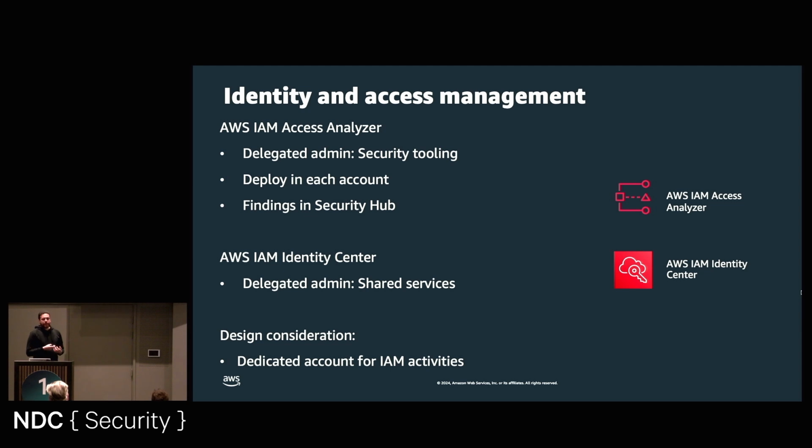The delegated admin account for AWS IAM Identity Center, though, is the shared services account, because that's where usually the Microsoft Active Directory service resides. Simply, we would like to keep both of them in the same account, because sometimes if you are operating them in different accounts, there can be some limitations in terms of the capabilities you would like to achieve, especially if you are integrating them together.